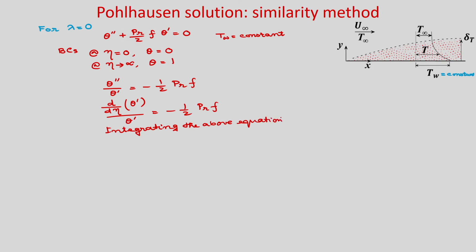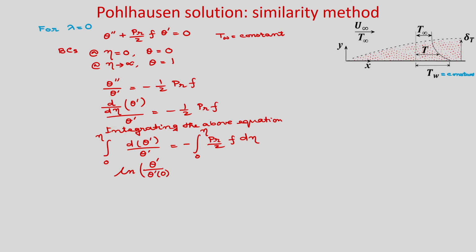so what you will get? So, d theta prime divided by theta prime is equal to minus Prandtl number by 2 f d eta, okay, and you integrate it 0 to eta. Okay. So, if you integrate, what you will get here? ln theta prime, which is a function of eta, I am not writing that, and theta prime 0.